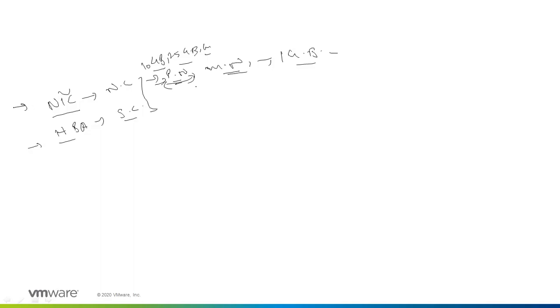When we say production network, there are different network categories that we are going to discuss. The HBA is primarily used for your SAN connectivity. It could be FC SAN or iSCSI SAN. In the case of NAS, we again use only Ethernet if network attached storage is available.